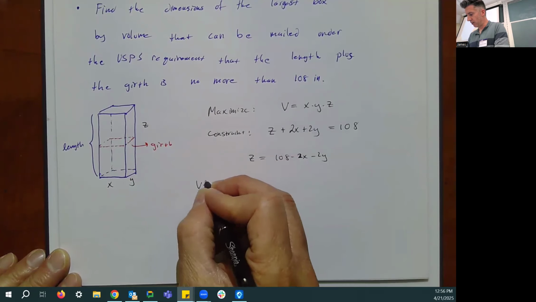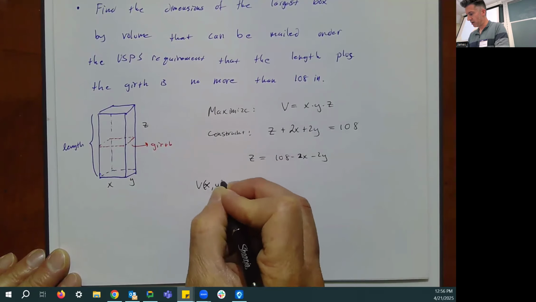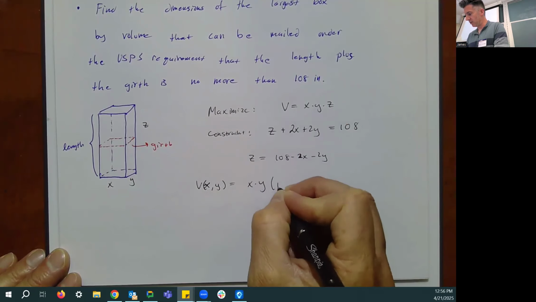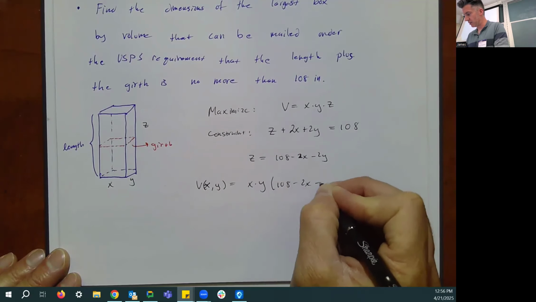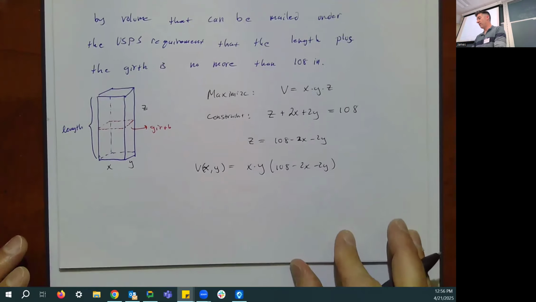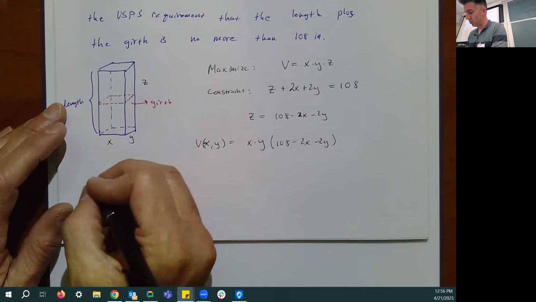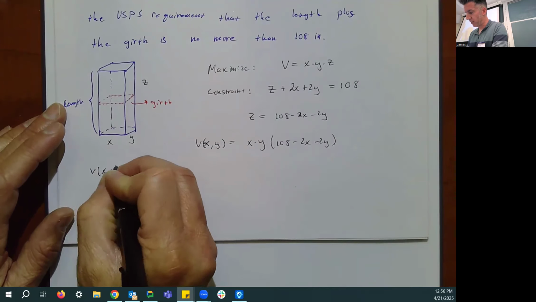So volume now, depending on just X and Y, is going to equal X times Y times (108 minus 2X minus 2Y). It definitely makes sense to multiply this out before we start taking derivatives. I'd rather not use the product rule if I can help it.